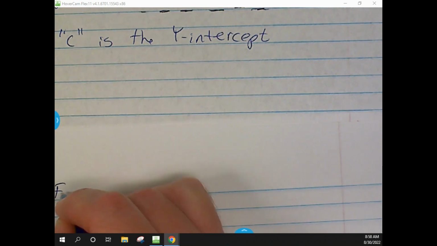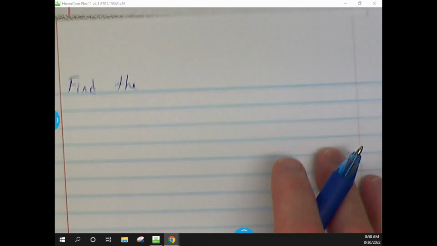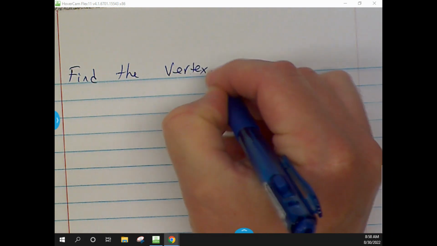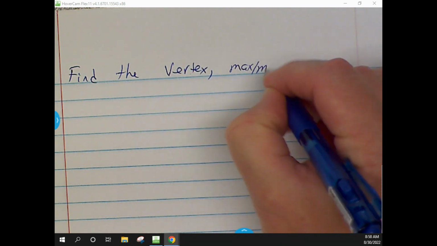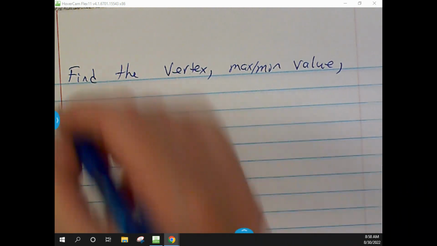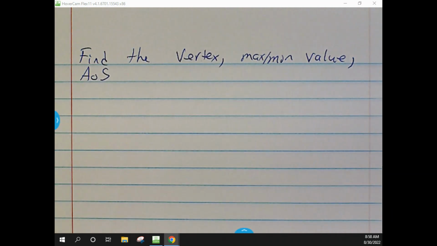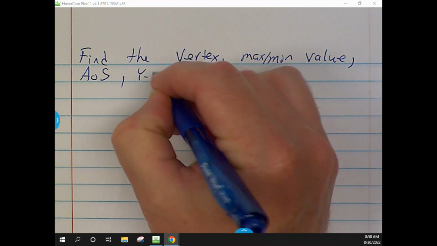So here's all the things we're going to do. We're going to find the vertex. Again, either max or min value, depending on which way it goes. Again, we're going to abbreviate axis of symmetry, just called AOS, because it speeds things up a little bit. Y-intercept.